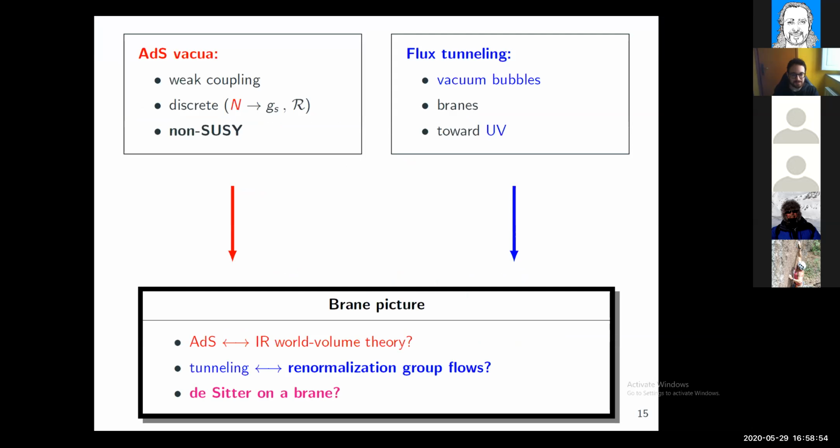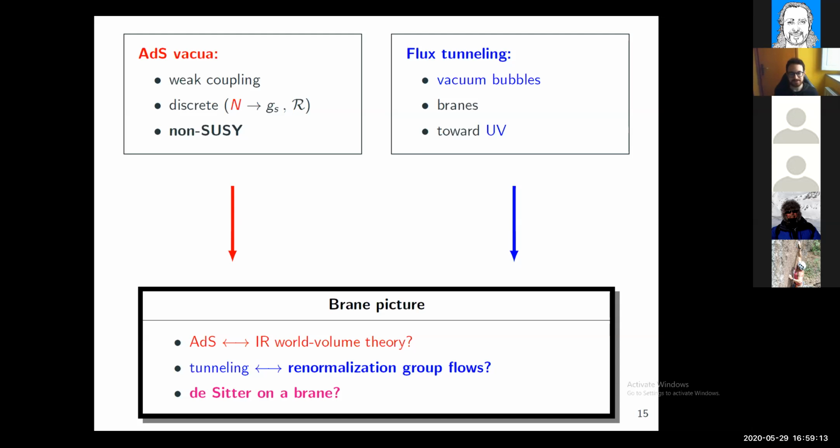So let me conclude with a pretty diagram that summarizes what I told you about, namely AdS vacua in non-supersymmetric string theories and how we can use the instabilities to gain, hopefully, some understanding of what supersymmetry breaking really tells us.